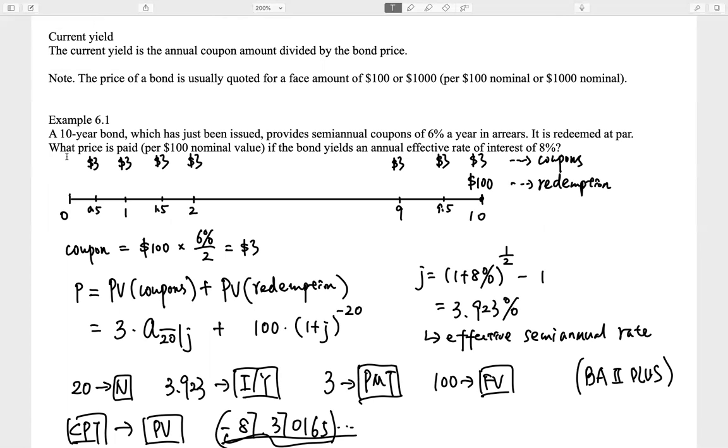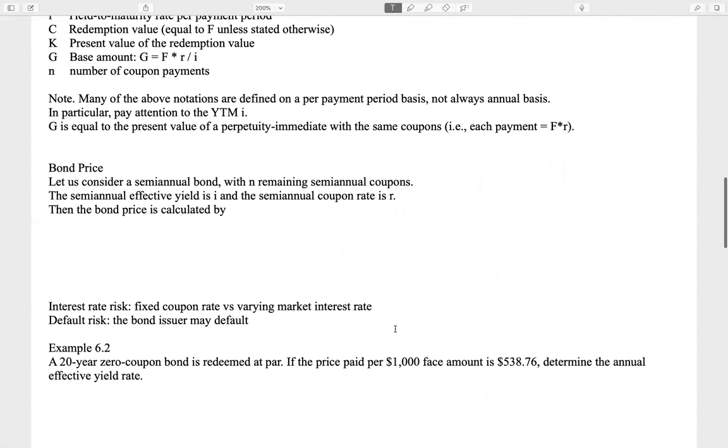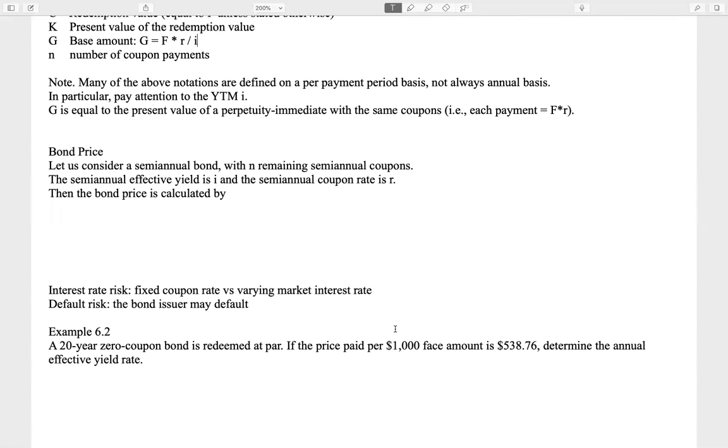Then how are you going to recalculate the price 2 years into the lifetime of this bond? Meaning there are 8 years left, 16 payments left. How are you going to calculate the bond price at that time? Well, it's not complicated. We just need to apply the basic rule, discounting. So the price now, I assume I have n remaining.